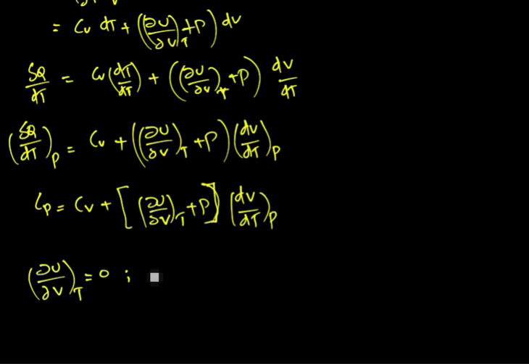And also we know that PV is equal to RT for an ideal gas or perfect gas. Differentiating this one, we get P dV plus V dP is equal to R dT.